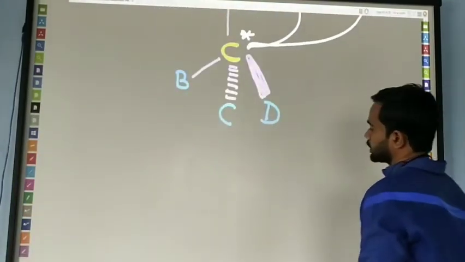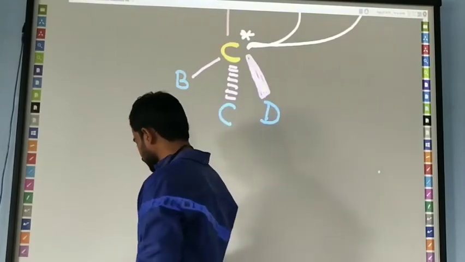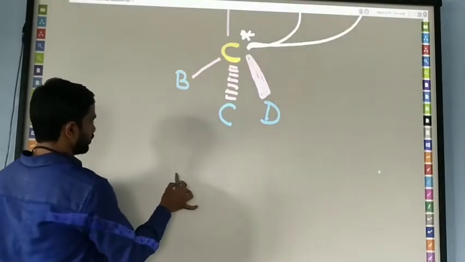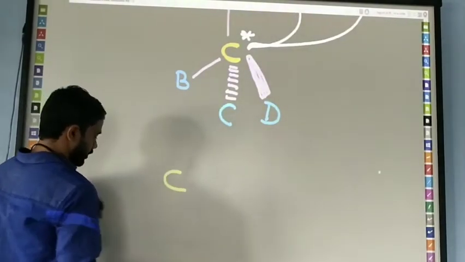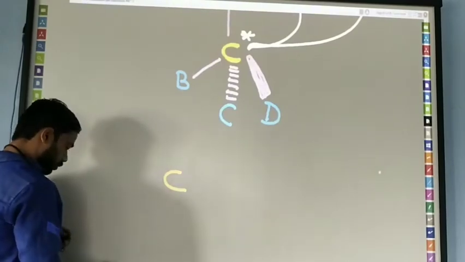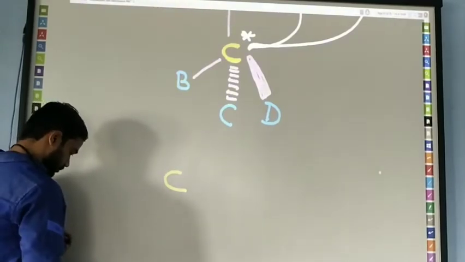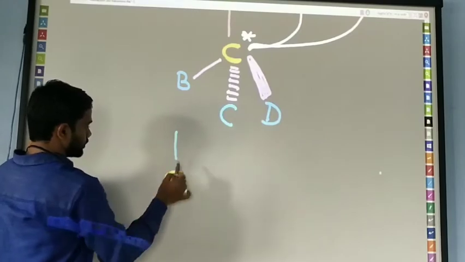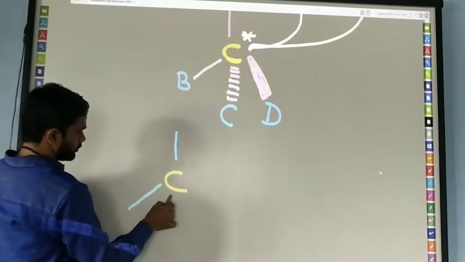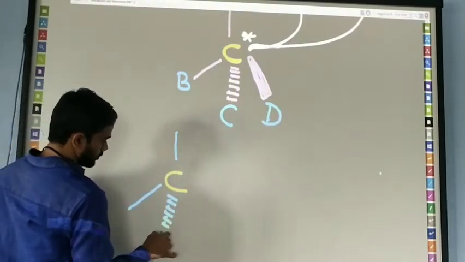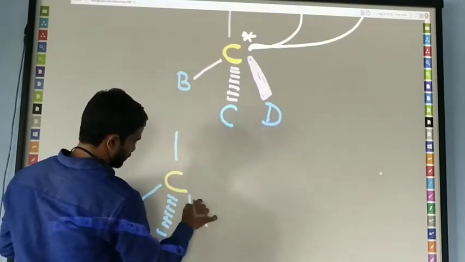Let me go with a specific example for you. Here again we consider the carbon element with four bonds. Here is your wedge.